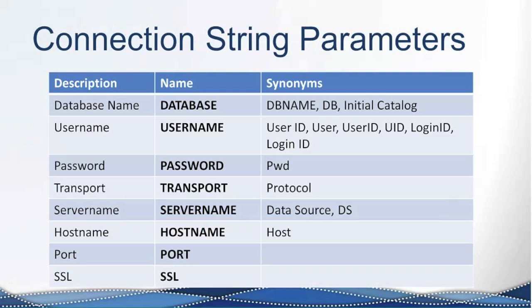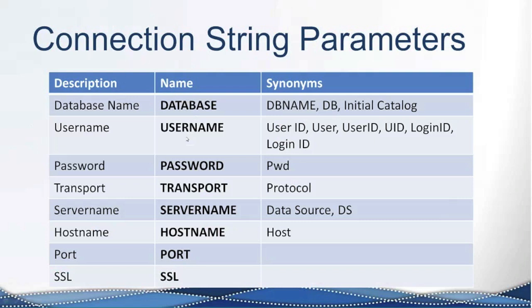You can specify the database name, so database equal Island, for example. Depending on which interface you're using, there may be other synonyms you might want to use in place of database name, such as initial catalog. All of these names work as a synonym to database.